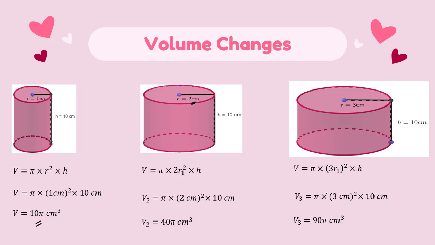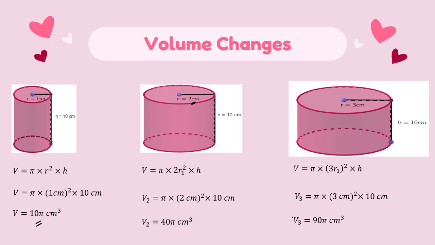Why? Because we enlarged the first cylinder 3 times longer for the radius, okay? And we'll get the volume is equal to 90 pi centimeter cubed. As you can see, if we enlarge the radius, the volume will be increasing.